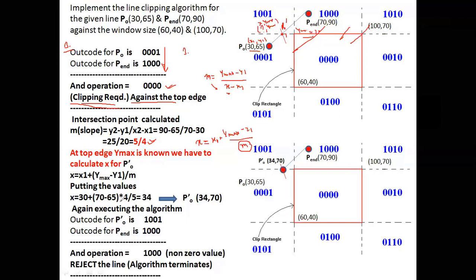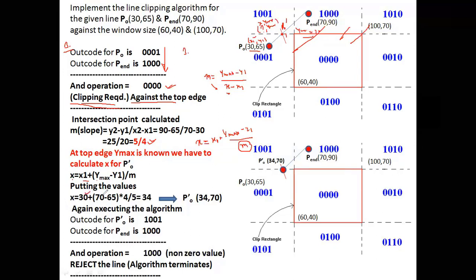So at the top edge y max is known, and we calculate x for P naught. So x is equal to x1 plus y max minus y1 upon m. Putting in the values, against this top edge this will be treated as x1, and x1 is 30.